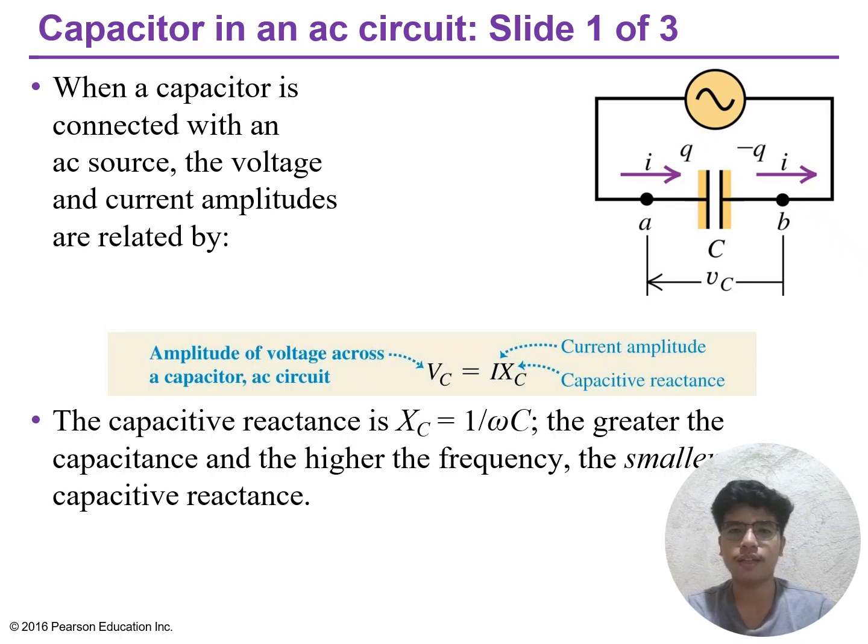Physically, this makes intuitive sense. A capacitor is fundamentally a charge storage device, and higher frequencies provide more opportunity for charge to flow on and off the capacitor plates. At DC, zero frequency, no current flows because the capacitor is fully charged and stops current flow.